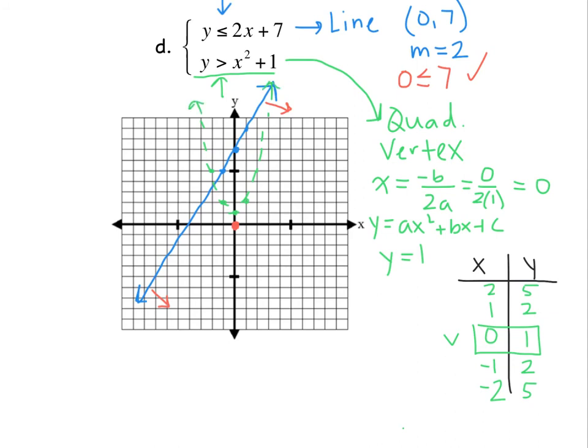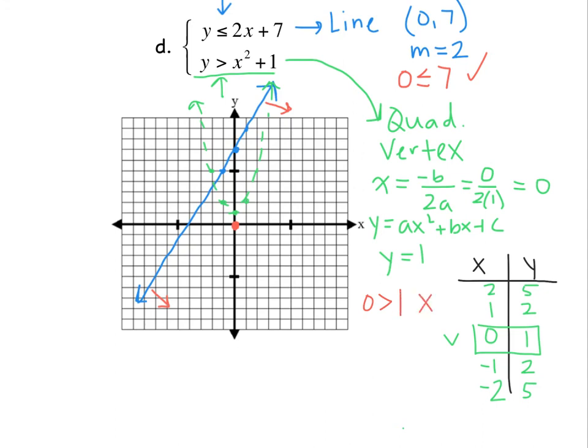All right, so now we need to test a region. Okay, so I can still test the point 0, 0 since it's not on my parabola curve. Okay, so if we test 0, 0, what do we get? Well, let's see, we get 0 is greater than 1, right?